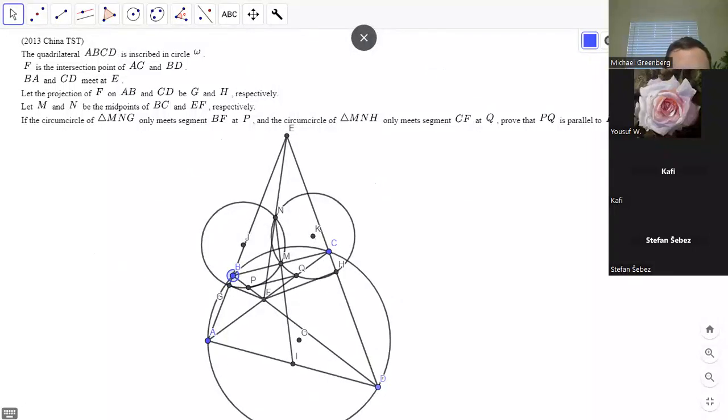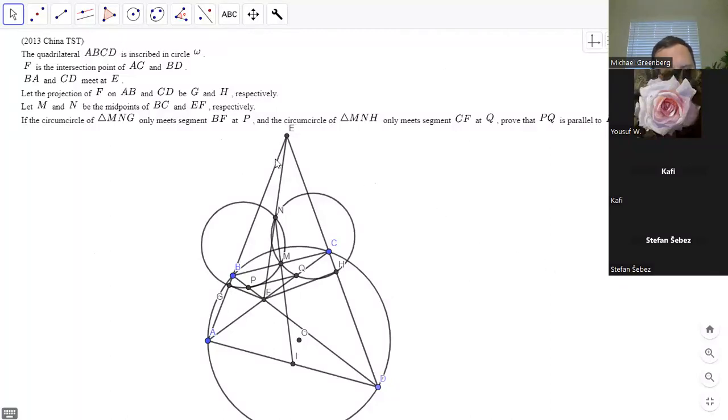So the fact that they're the same size is probably useful somehow. I think I've solved the problem.